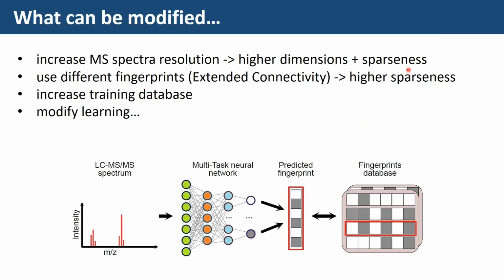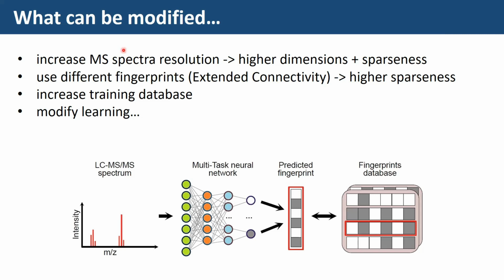For example, we used a type of fingerprints, and we selected that type in order to simplify the computational step, but you could use different fingerprints with a higher length. Of course, what happens is that you will have higher dimensions and higher sparseness in the fingerprints data set.